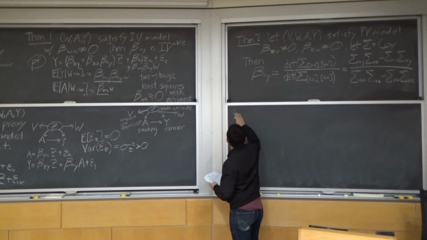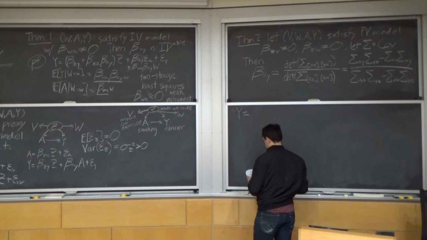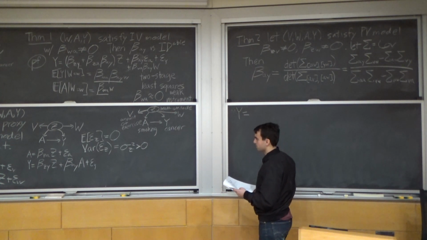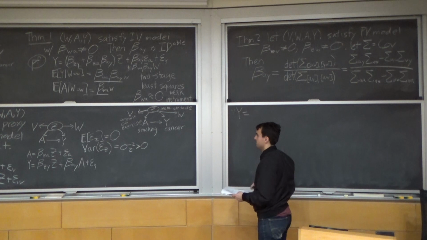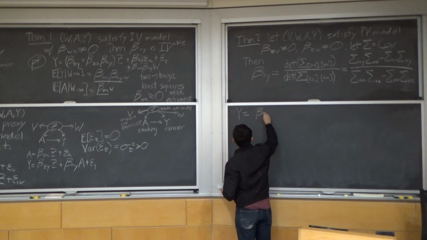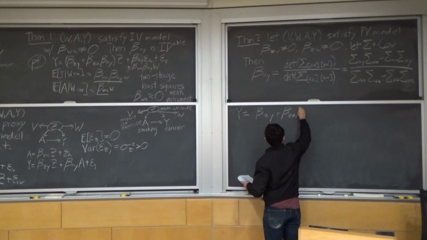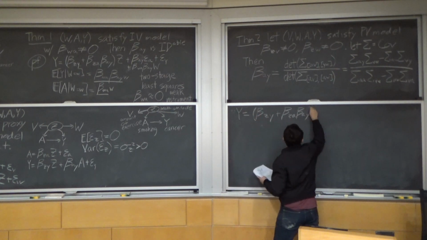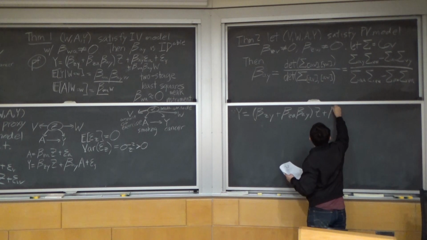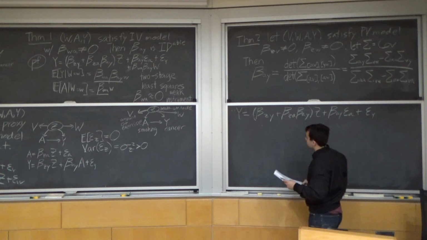The one we really need to do is express Y just in terms of Z and A. So, right, if we plug in A equals a linear combination of Z plus its own exogenous noise term into the equation for Y, what we're going to get is that Y equals (beta_zy plus beta_za beta_ay) times Z plus beta_ay epsilon_a plus epsilon_y, right?